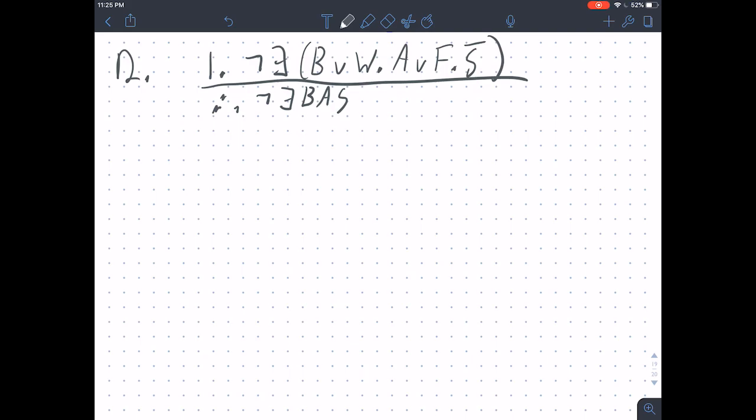So what do we do? Well, we make our conditional. We represent the argument as a conditional, so I'm just going to abbreviate that. Oh, and that should be a negation sign there. It's hard to see. Oh well. Okay.